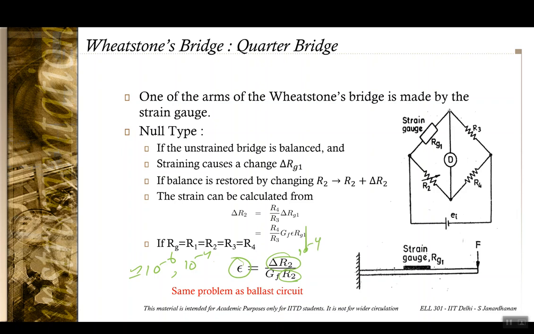That is, if you have a 100 ohm resistance, you are saying that you can change it by changing the position of the wiper in a potentiometer from 100 ohm to say 100.01 ohm. That seems to be not a practical or feasible thing to do. So again, the null type instrument is not going to be of real use.